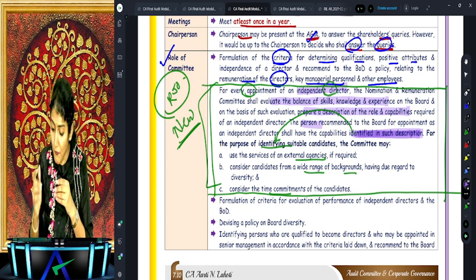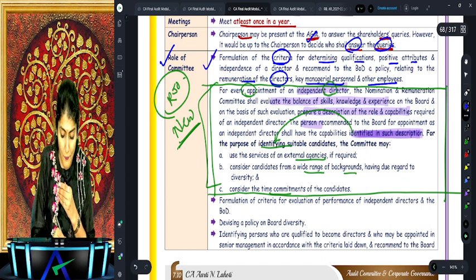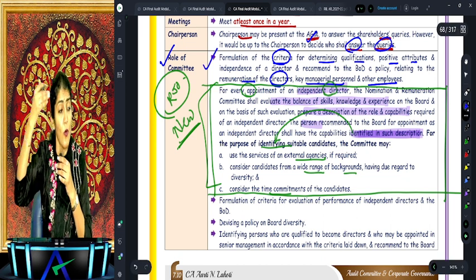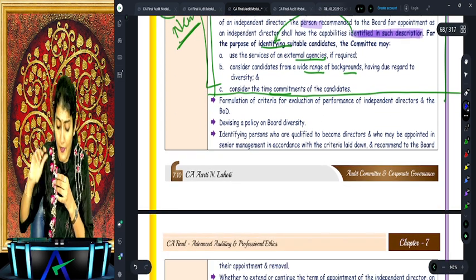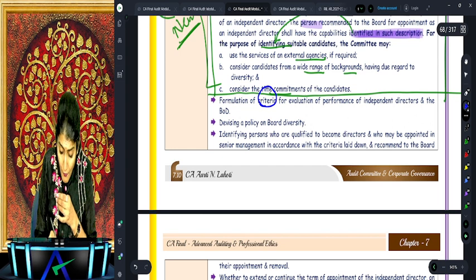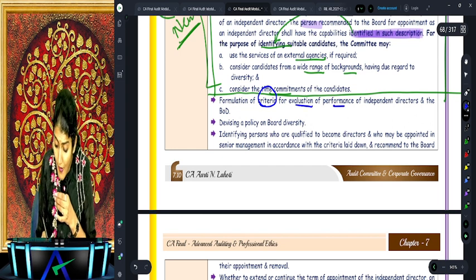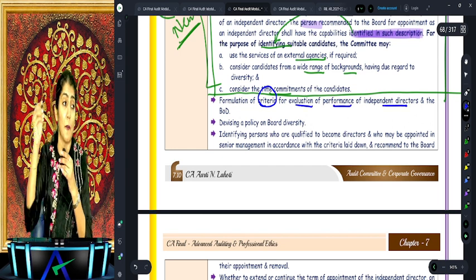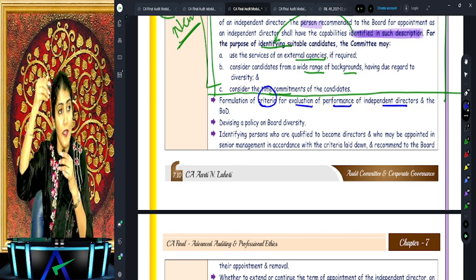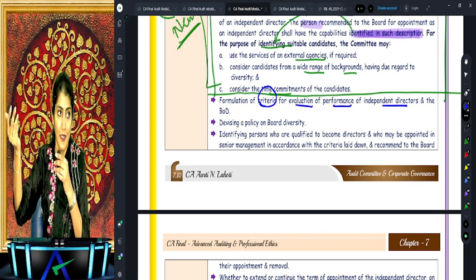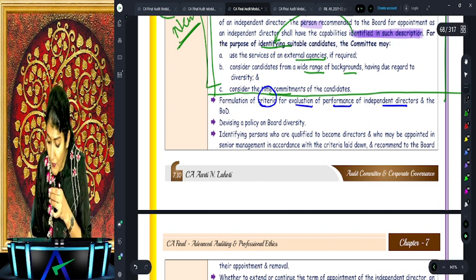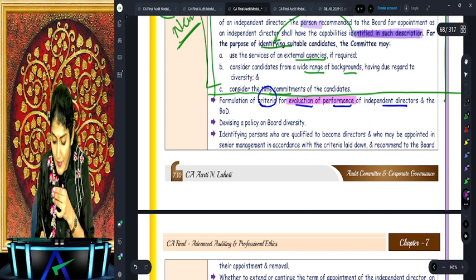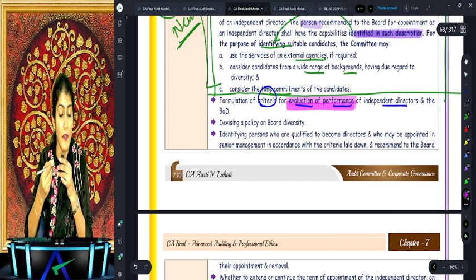Right. So what is the first point in the role of the NRC? Formulating the criteria for who can become a director. Then once he becomes a director, evaluating their performance. So formulation of the criteria for the evaluation of performance of the independent directors. Now that he has become an independent director, how is he performing?